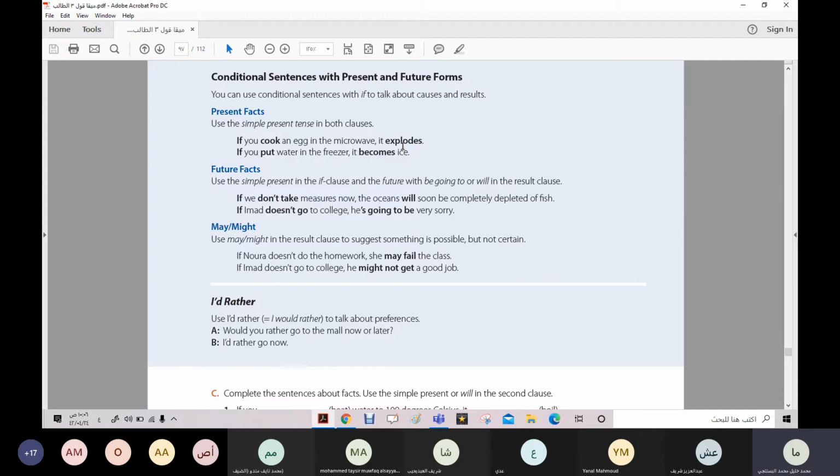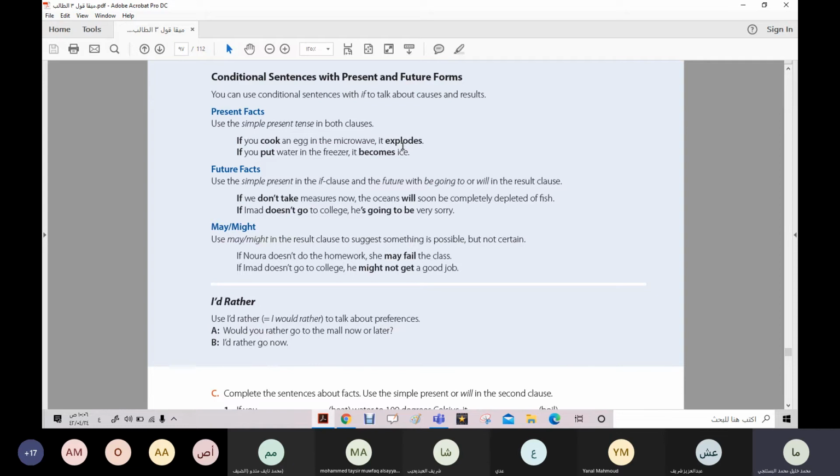Now with the future we use will or going to. Use the simple present in the if clause and the future with be going to or will in the result clause. Look at the example. If we do not take measures now, the oceans will soon be completely depleted of fish.